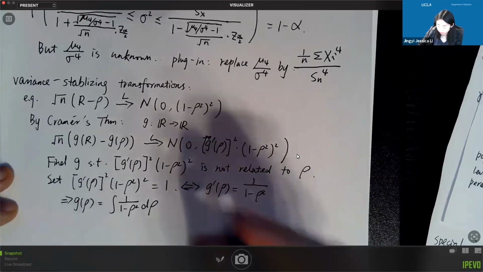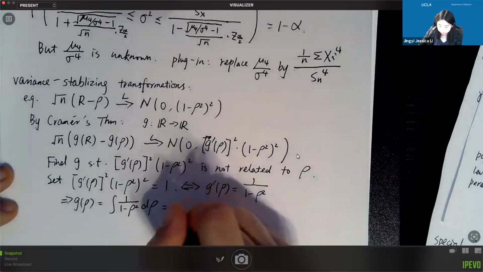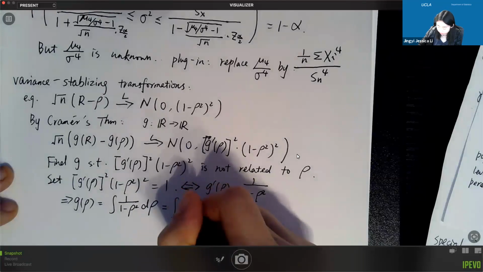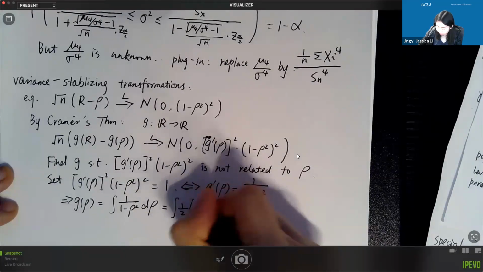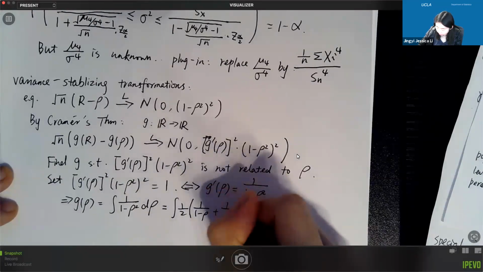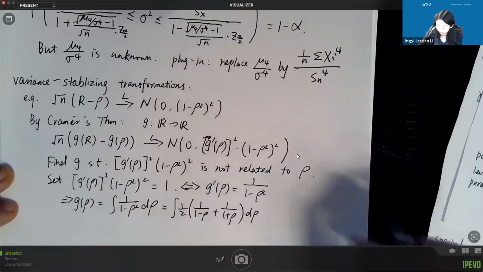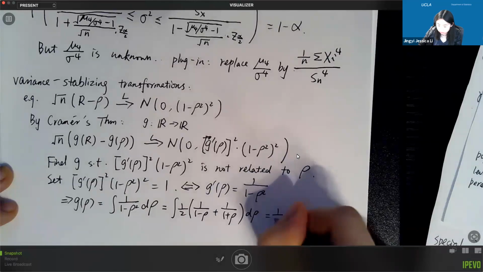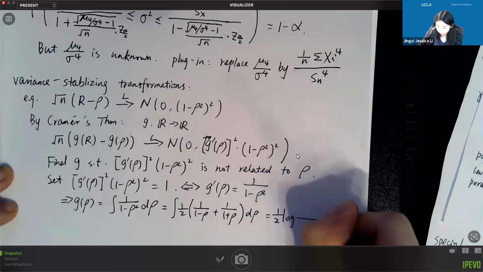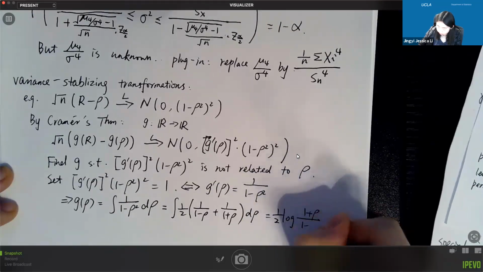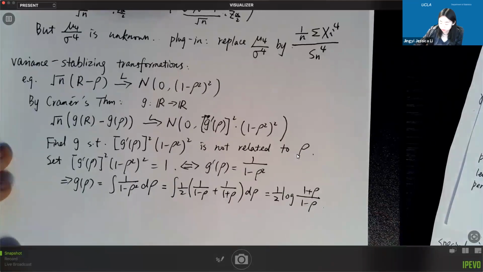So that can make the integration much easier. And then we can easily do the integration. It gave us log (1 plus rho) over (1 minus rho). That will be the transformation.